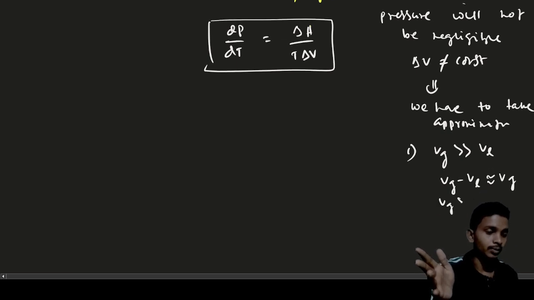Similarly, the volume of gas is much more than the volume of solid, so V gas minus V solid is nearly equal to V gas.